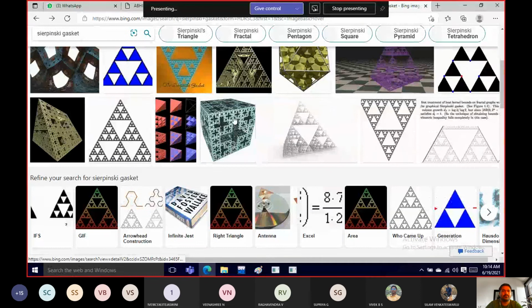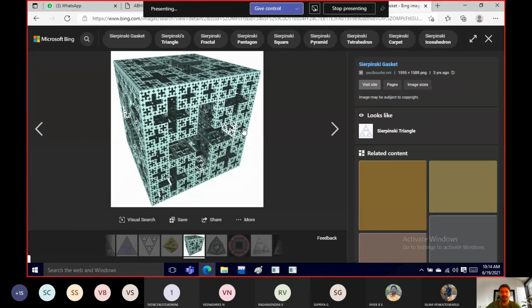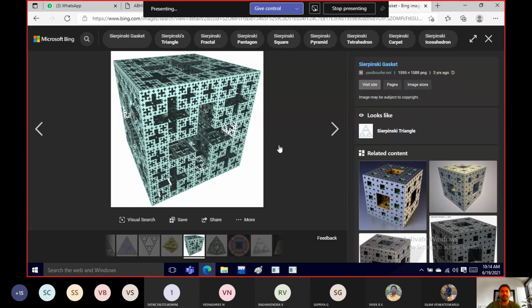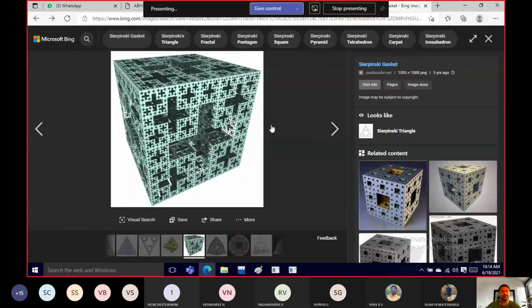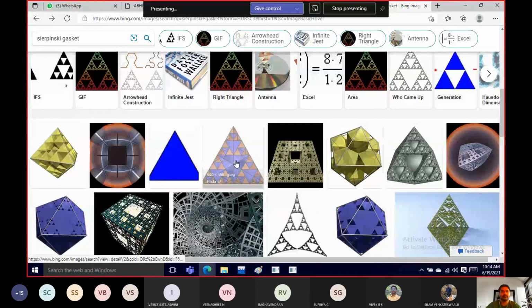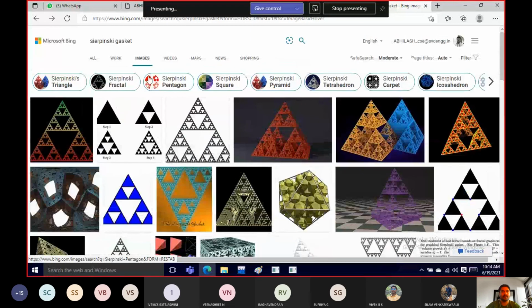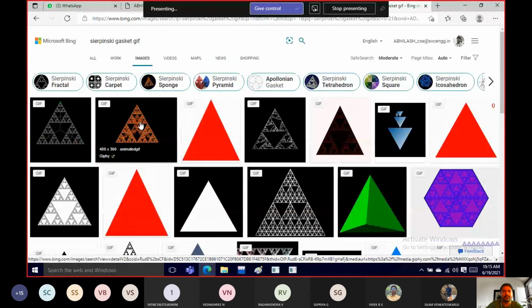So basically, it's not only a gasket. You can also go with cubes, right? But with the triangles form of this, it's pretty basic stuff. A very simple program which we saw, right? So if you look for any GIF, you'll get a few GIFs also, showing how the divisions are made.